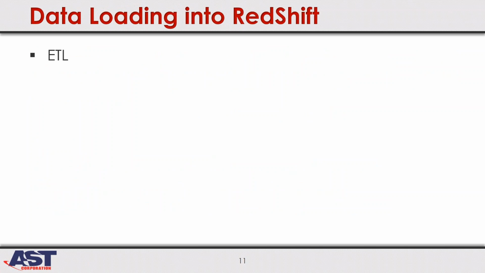So how is the data loaded into Redshift? The first thing we can think of is ETL. We may primarily have a database which is holding all our transactions. So we extract that and transform it, whatever transformations we need, and load the data into Redshift using a third-party ETL tool. The second way to do it is using flat files.